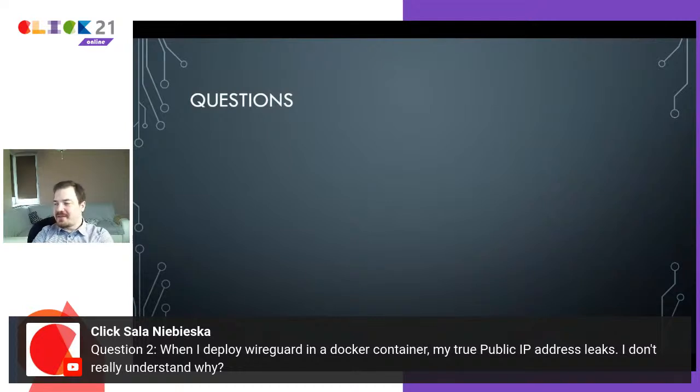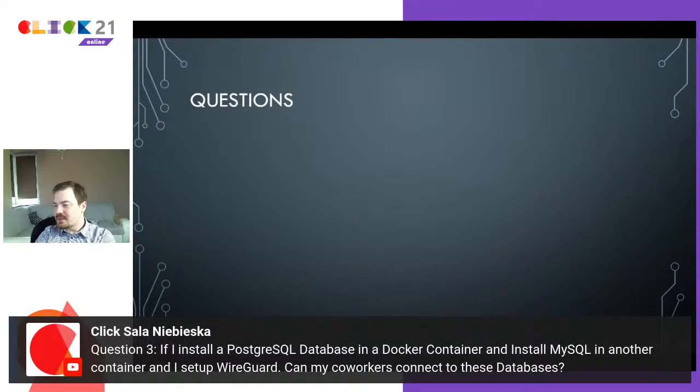Yeah, I think that the question is not really related to the topic, but I can try to understand what you're talking about. If I install a PostgreSQL database in a Docker container and install MySQL in another container, okay, and I set up WireGuard.